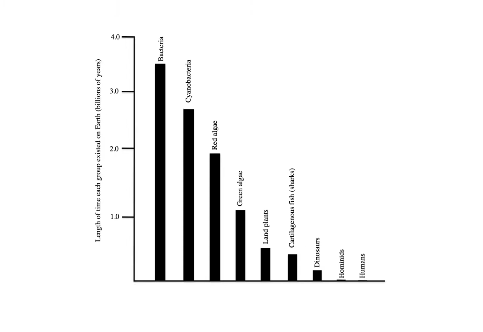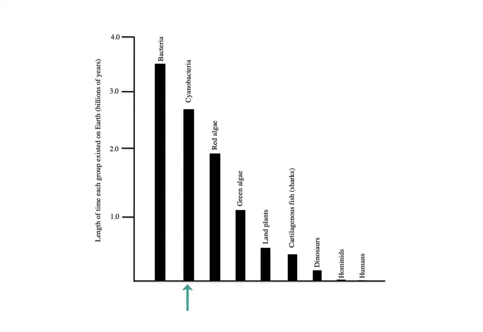In terms of the longevity of each one of these major groups, bacteria have been on Earth starting about 4 billion or 3.8 billion years ago. So they've been around all that time, certain species of bacteria. Cyanobacteria, at least the oxygenic cyanobacteria, have been around for about 2.7 billion years.